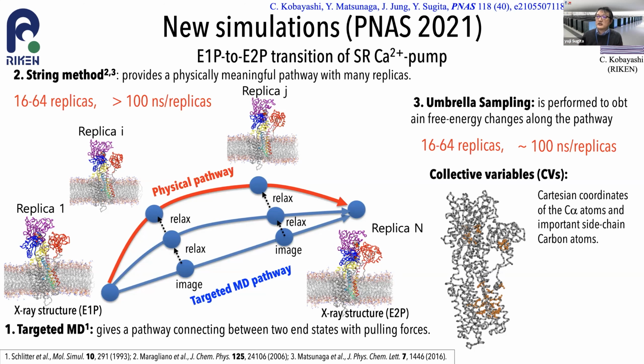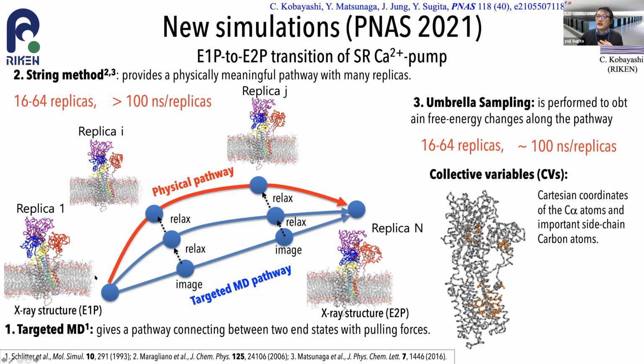So we are using a kind of replica-based simulation. This means that we are performing multiple images of the system. Here we show only 4 images, 1, 2, 3, 4. However, in the real simulation, this person, Chigusa, simulates 64 replicas, 64 images in between the E1P and E2P states.